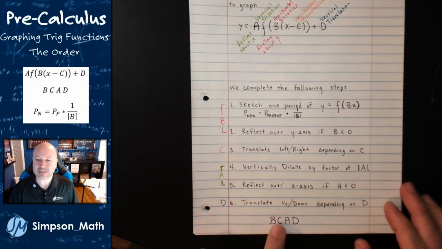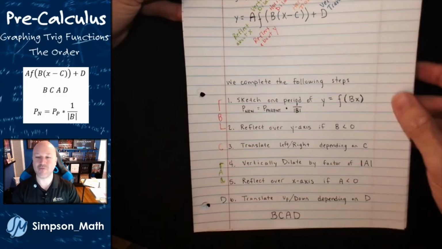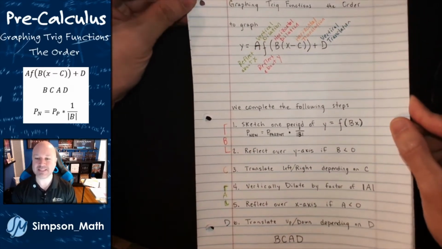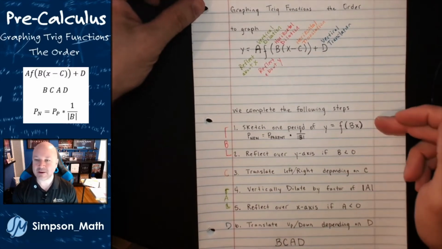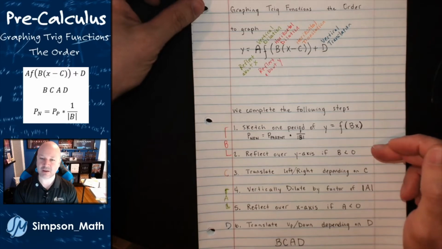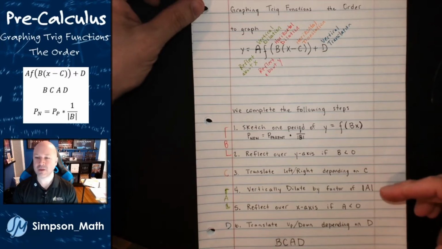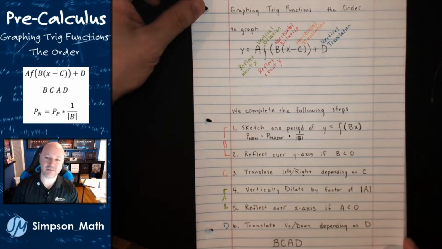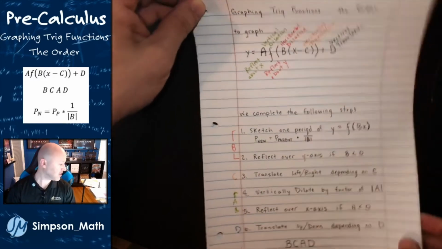So it's BC and then came AD. That's just maybe a helpful way to remember the order. BCAD. Take care of the period change, reflect over y, take care of the translations horizontally, take care of your a's, then take care of your d's. All right. Let me do some examples and grab some graph paper.